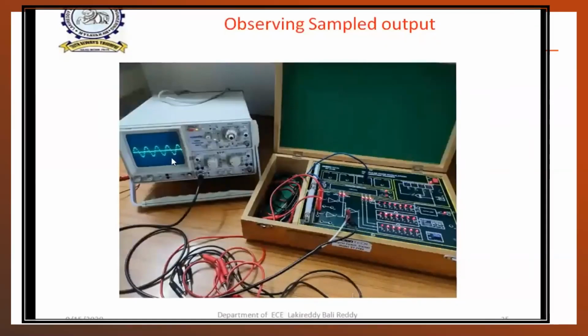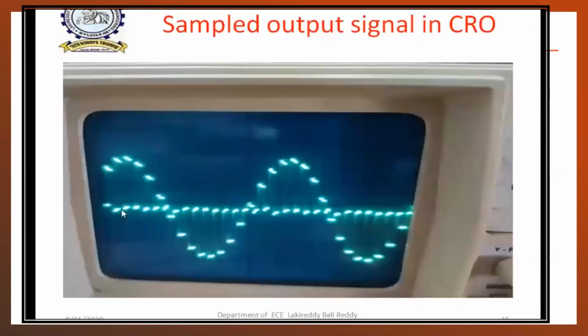Similarly, if you zoom that sample output in the CRO, it will be obtained like this. So these are the first sample, second sample, third sample, like that. Okay, all these vertical lines represent the clock pulses. Based on the occurrence of each clock time, different samples are obtained like this.